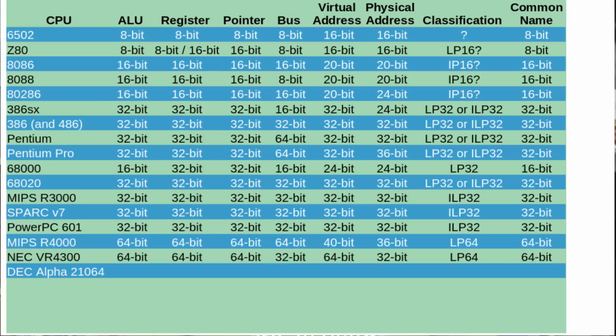Now, a processor that I am personally a big fan of, the DEC Alpha 21064, 64-bit ALU, 64-bit registers, 64-bit pointers, a massive, I still can't get over this, 256-bit data bus.